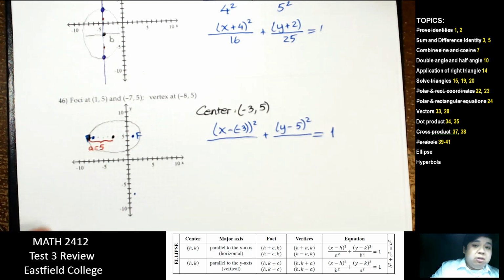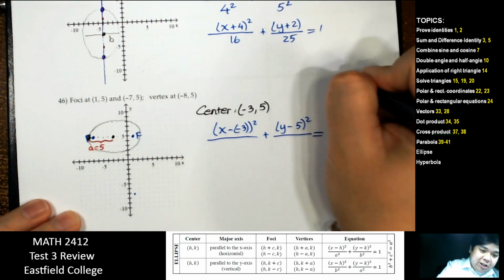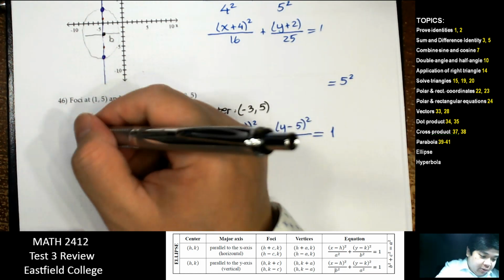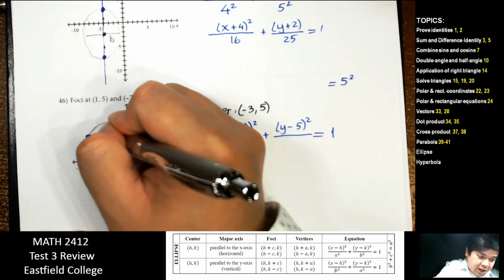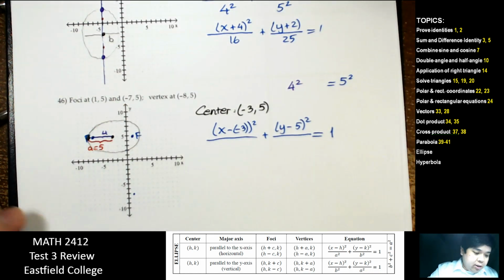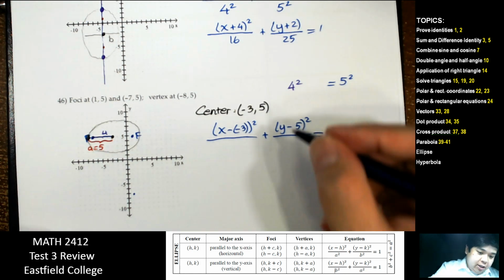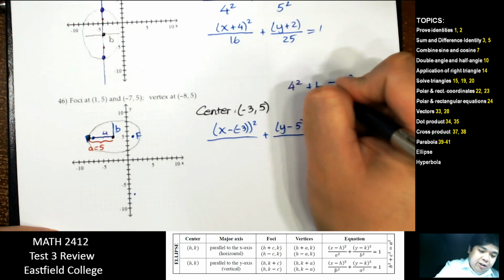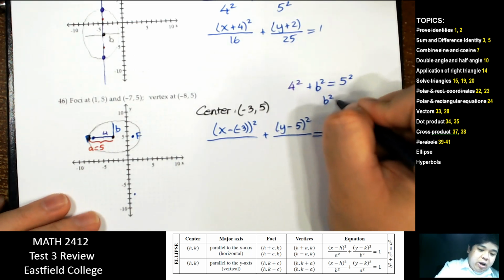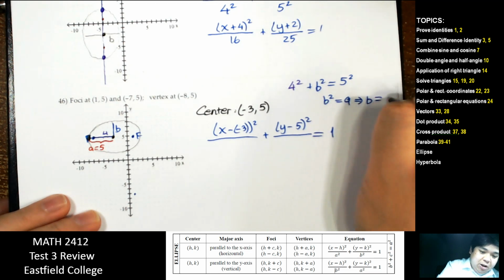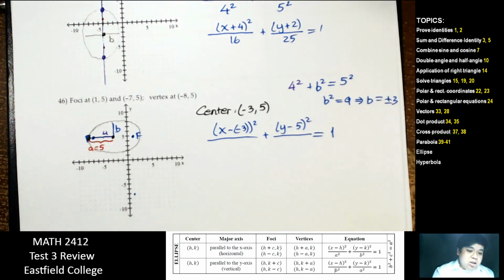The biggest distance is 5 squared, so I'm going to put 5 squared by itself. The smaller distance, first we have the focus to the center, that is 4, and then whatever we need is b squared. So b squared equals 9, so b is plus or minus 3. Right, so we have that.